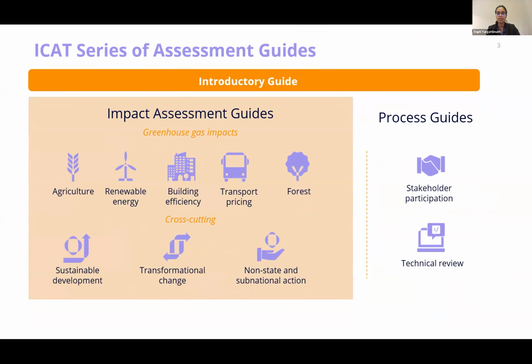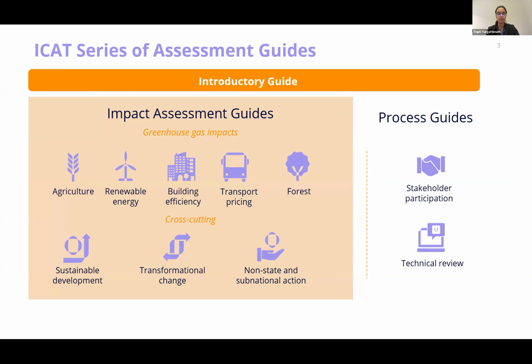And here we have the list of ICAT series of assessment guides, as Henning was just describing, and these show us how they are organized. So the series includes GHG impact assessment guides, which support the assessment of GHG impacts of policies and actions in various sectors, such as agriculture, renewable energy, buildings, transport, forest.